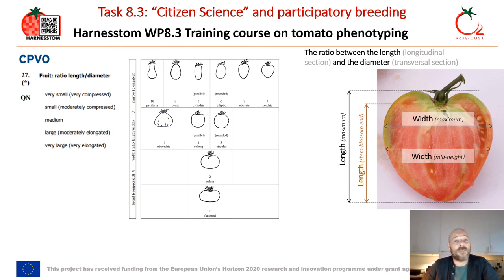As you can see in this image, different estimates of the width and length can be obtained. They can vary, especially in non-round fruits with highly depressed shoulders. With regard to the fruit length, we can either obtain the maximum length, this is the distance between the stem end and the fruit tip, or the length between the stem and blossom end.